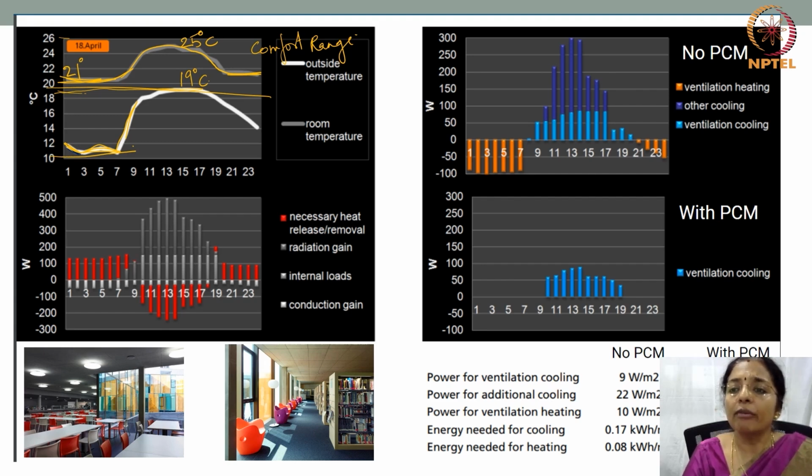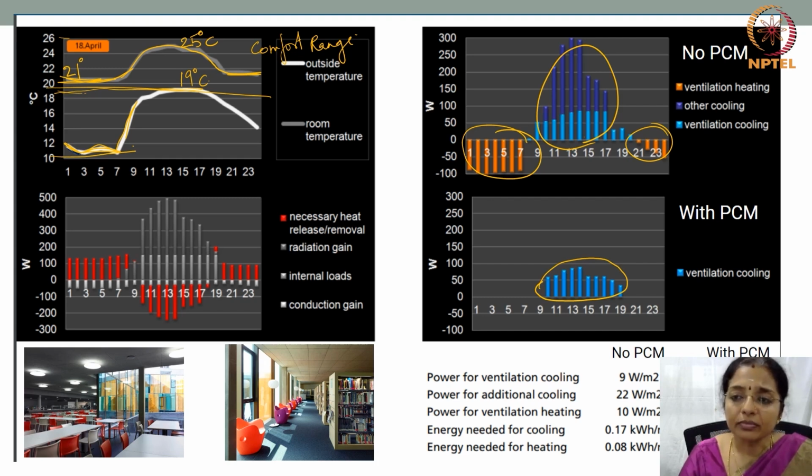When no PCM is used, you can see ventilation heating is required, and there is cooling also required during the afternoon period. But with PCM, the load on air conditioning is reduced dramatically. So this clearly shows the benefit of using phase change materials in this building.